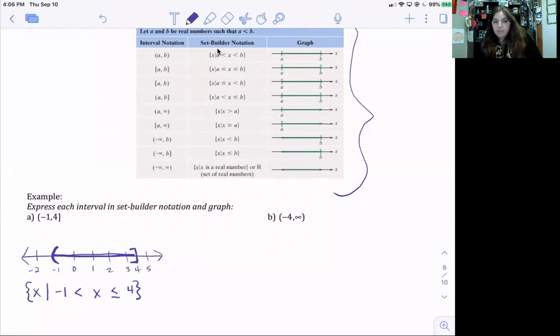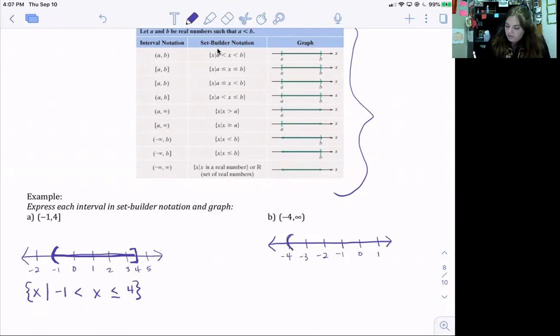Now if we look at B, if we go ahead and graph this, we have from -4 to infinity. At -4, we're going to have a parenthesis to match our interval notation, and we continue to our arrow to represent positive infinity.